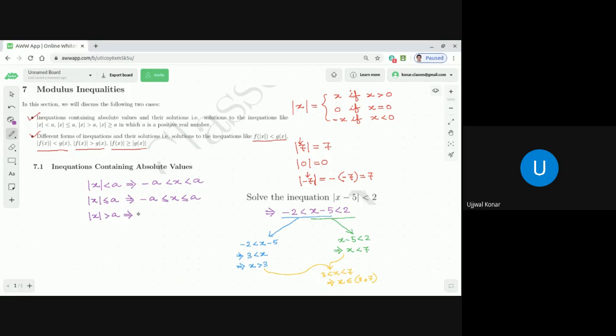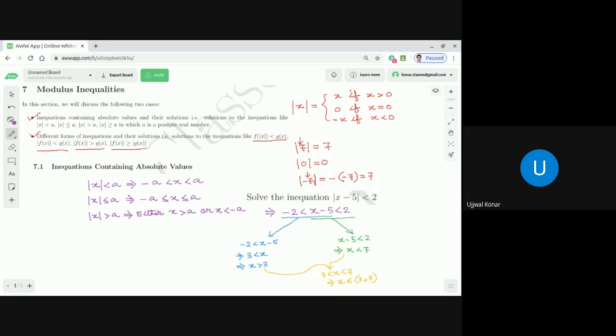Now, in a similar manner, if we get mod of x is greater than a, this implies either x is greater than a or x is less than minus a. Any of these has to be followed. You take any example, then you'll understand why it is so.